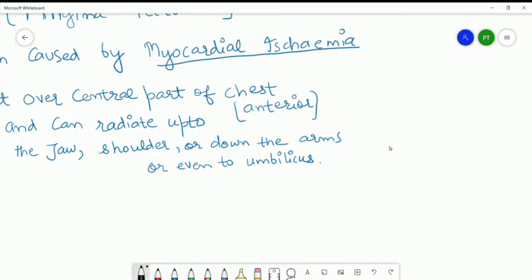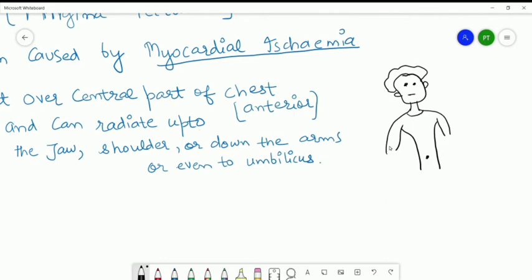Here I will draw a diagram so you can remember it more easily. This is our face, if you must follow. Here we have ears and umbilicus. So the pain of angina is felt in the anterior chest, jaws, shoulder, down the arm and umbilicus.